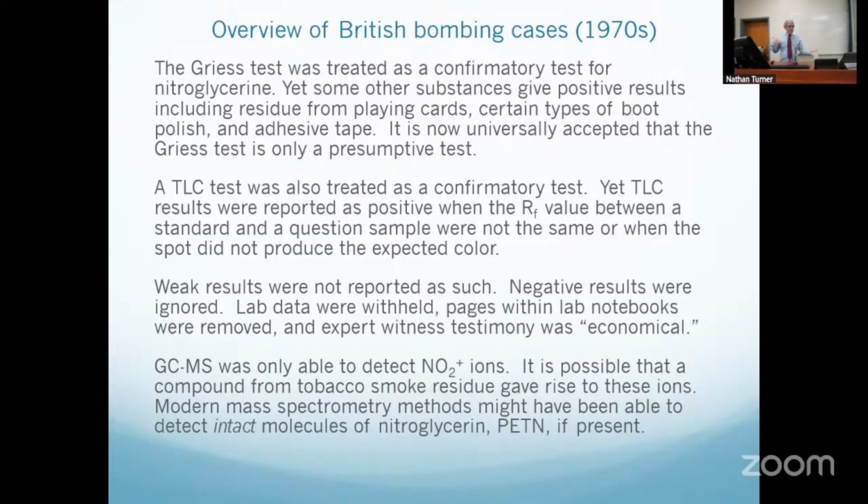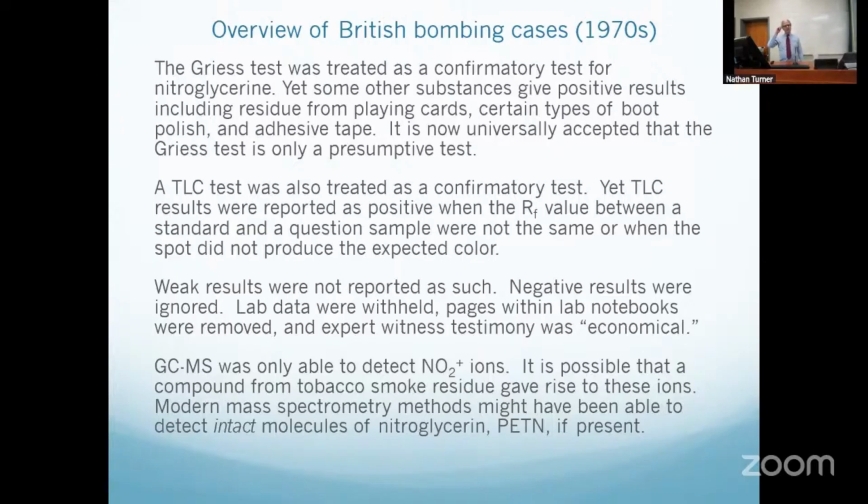Now, those of you who are chemists in the audience may imagine that gas chromatography, mass spectrometry, or its cousin, liquid chromatography, mass spectrometry, are fairly robust tests and are often confirmatory. This was a case, though, that given the technology of the 1970s, gas chromatography, mass spectrometry gave us less information than we would have wished.